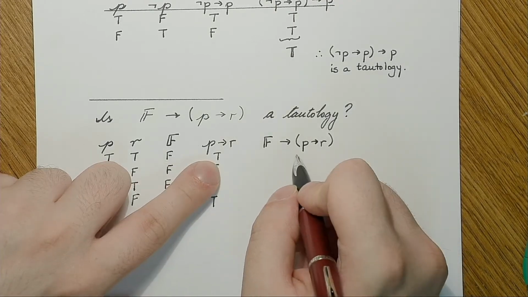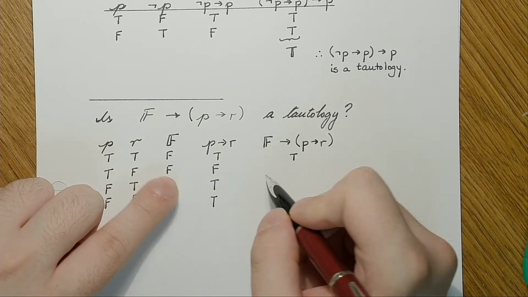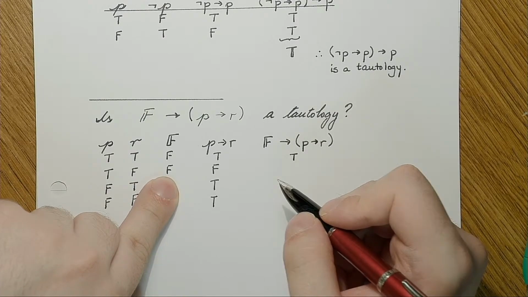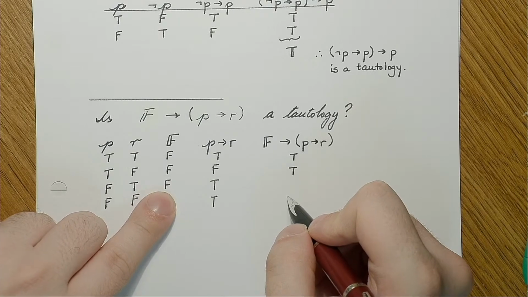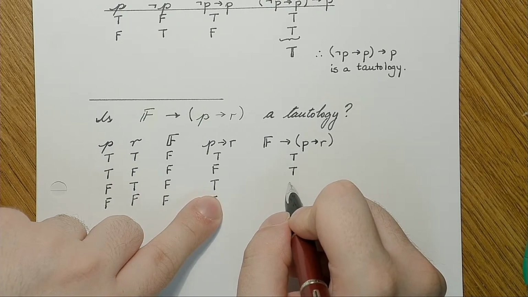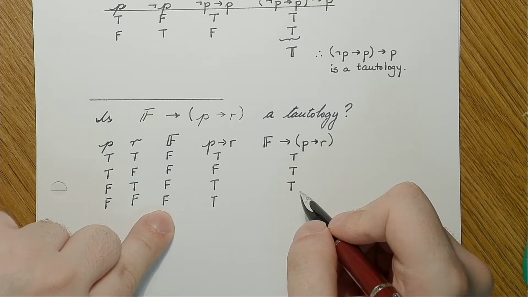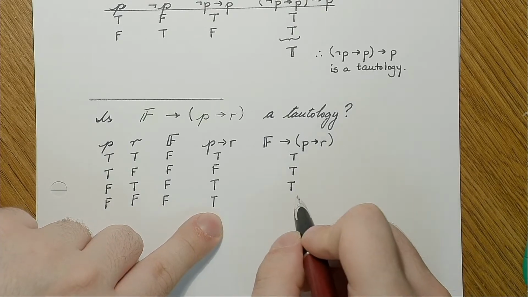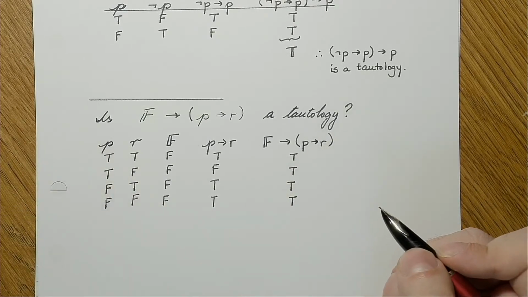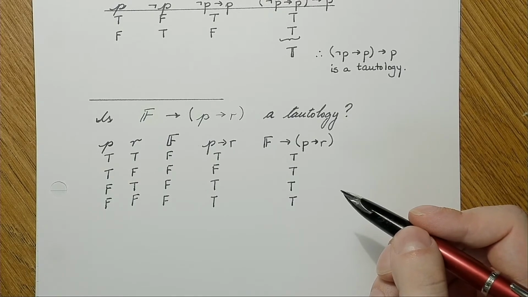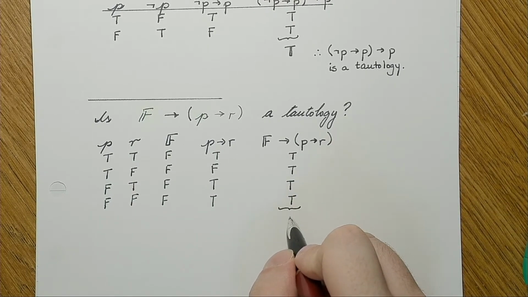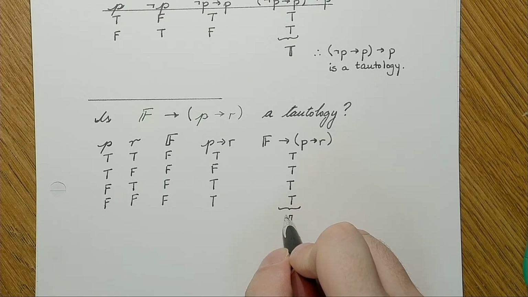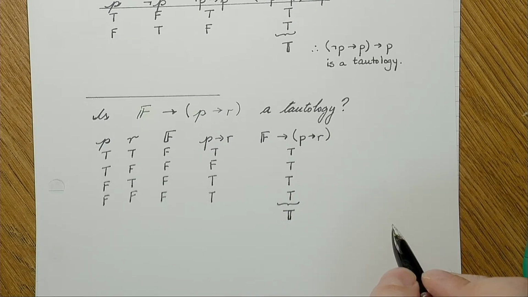Okay, so this is true. I just didn't step in poison ivy. I didn't get a rash. This is true. I didn't step in poison ivy. I got a rash. This is true. And the last one is the same one. That's a tautology.